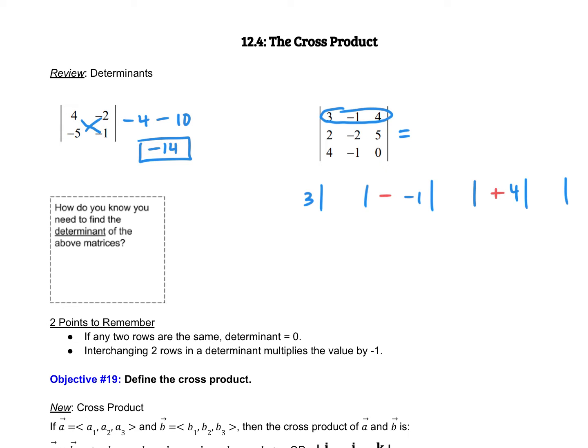Then to figure out what goes in these other matrices: for that 3, I'm going to ignore the row and the column that 3 is in. So I'm going to ignore this one and this one, and I'm left with -2, 5, -1, and 0. For that -1, it's a similar idea.